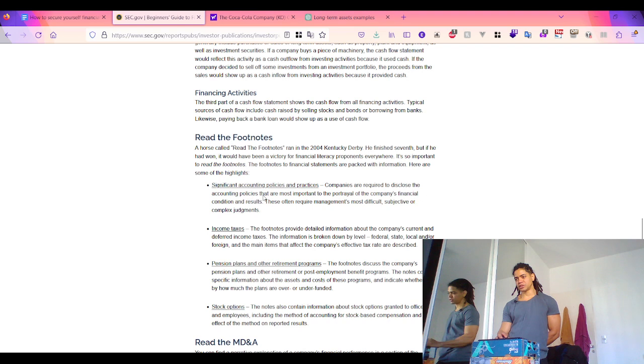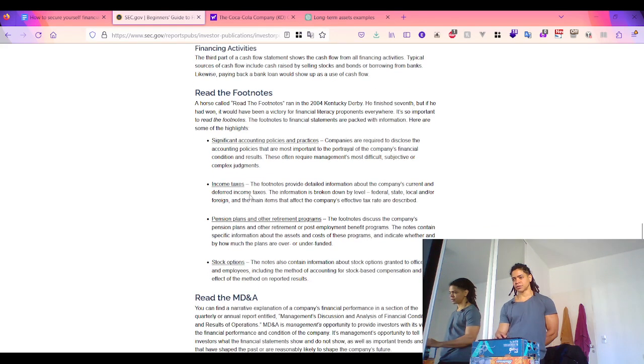The company must have its accounting policies transparent and public. These often require management's most difficult, subjective, and complex judgments.